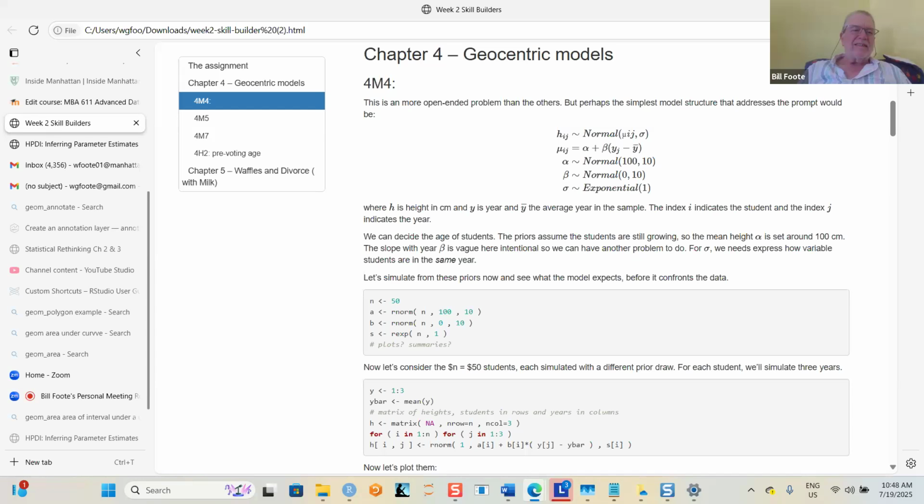And that's a portfolio of options point of view. And that's easy to simulate. In this one, we have height, and years, and we have the age of students.